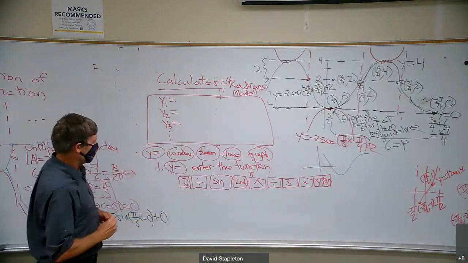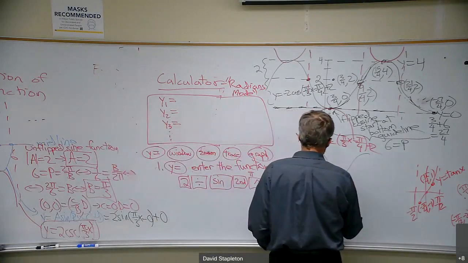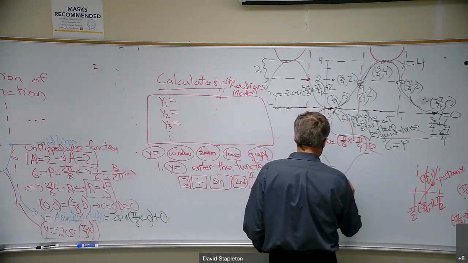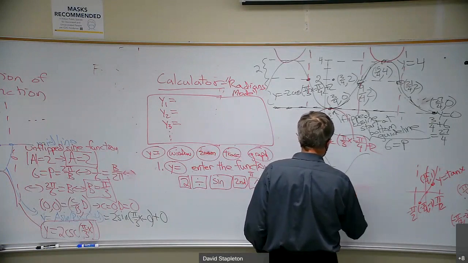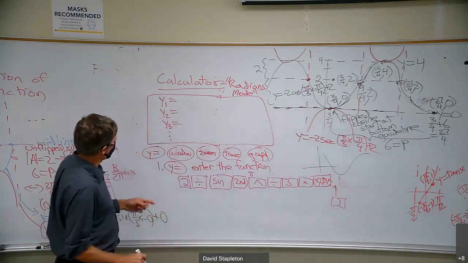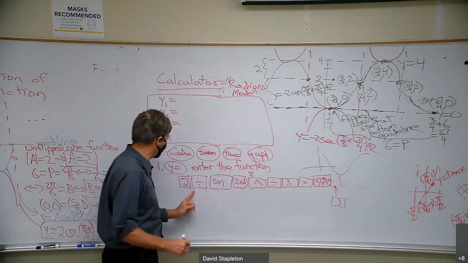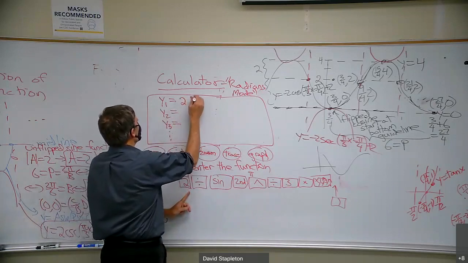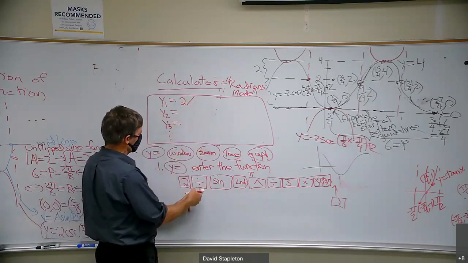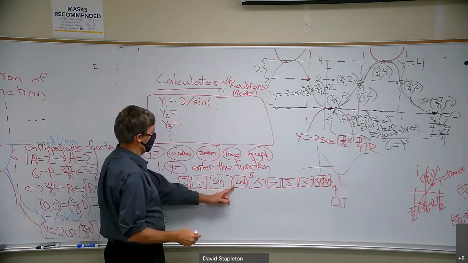So let's see, 3x, and then I'll close my parentheses on many of these calculators, depends on the calculator. And then you don't have to push enter even. This just puts it in the calculator. So you push y equals, this comes up on the screen, you enter these things, and what appears up here is 2 slash, that's the computer programming symbol for divided by, sine, and it inserts a parenthesis automatically.